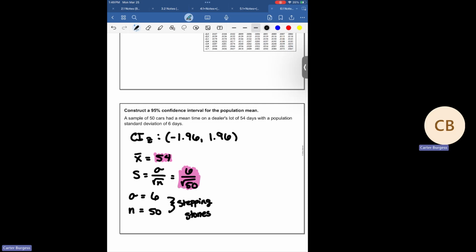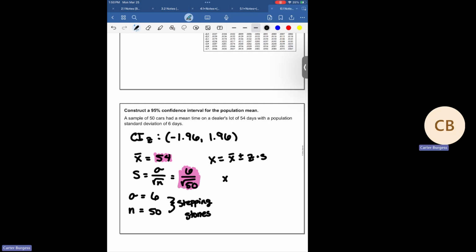Okay, we can now either solve this by hand, which is my advice, just to start off. But we'll start off by solving this by hand. So this isn't too bad. In this case, we're looking for the x values that these go with. So x is equal to our x bar plus or minus that z times s, plus or minus because we're going to be getting one positive value and one negative value.